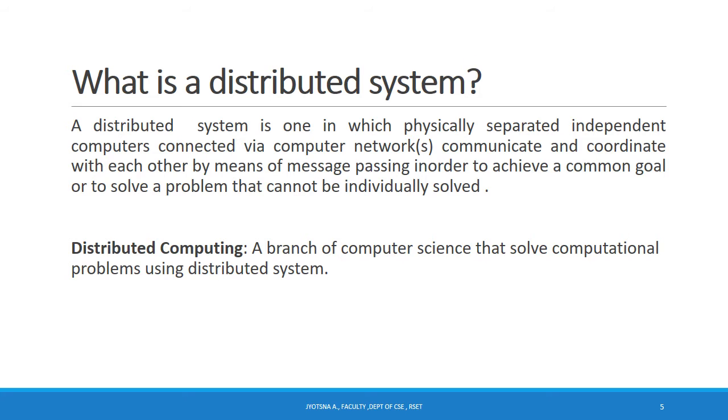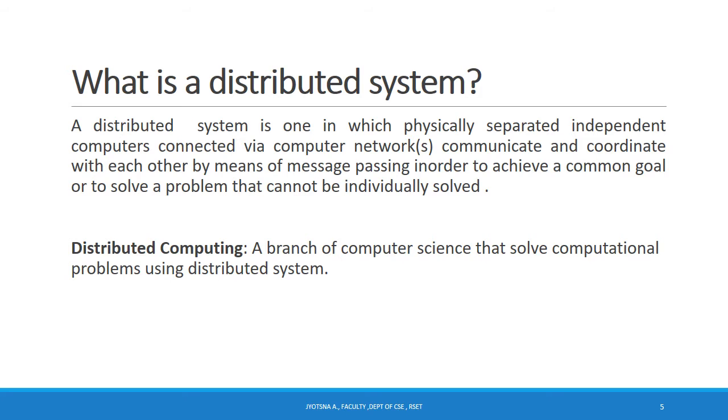I request you to once again read the definition. A distributed system is one in which physically separated independent computers. So you know, there are computers at each branch, right? And the computers of different branches are connected together.